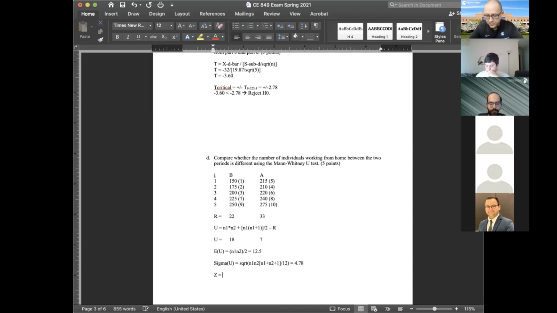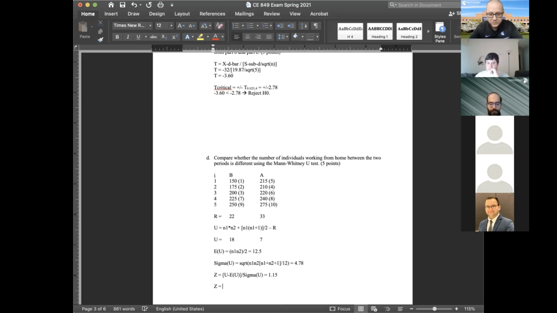And so then Z is simply going to be equal to our U minus the expected value or mean of U divided by sigma of U. And so that gives us 1.15.